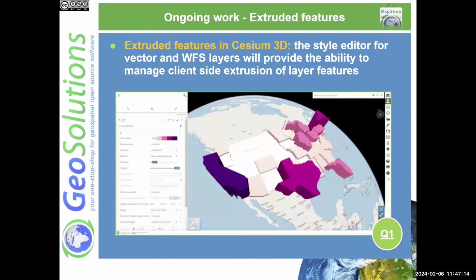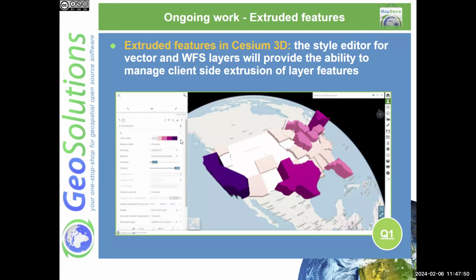Finally, here we are working on the possibility to extrude features in 3D. Here you see also another ongoing work, the possibility to have styling by property. So most of the fields have an option at the end here that allows you to select if you want to have a static value or get the information from the data.